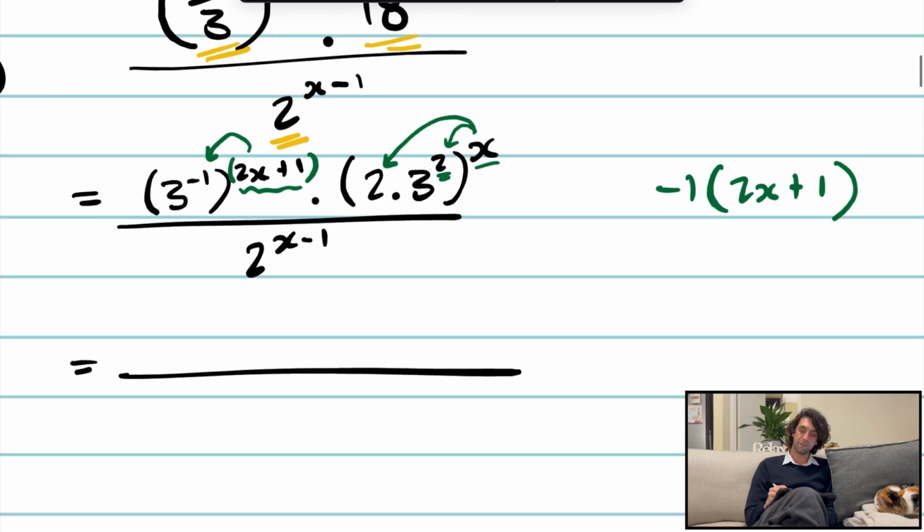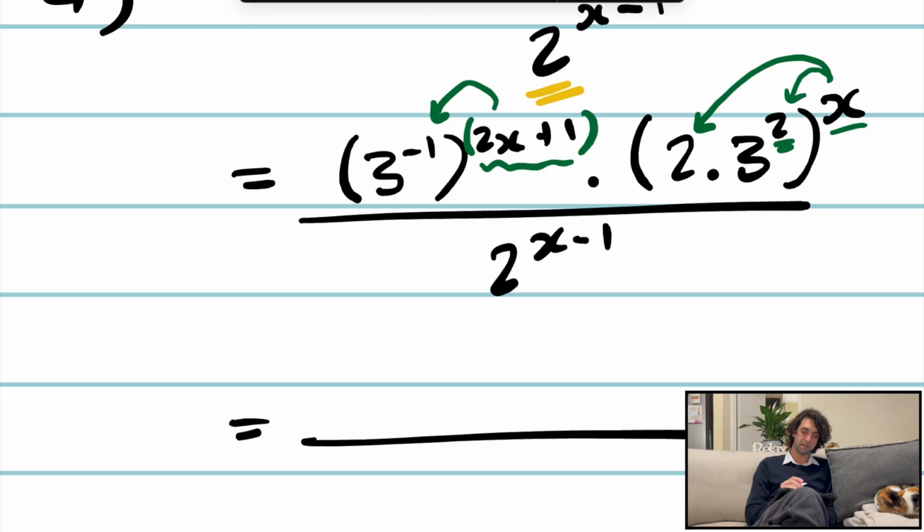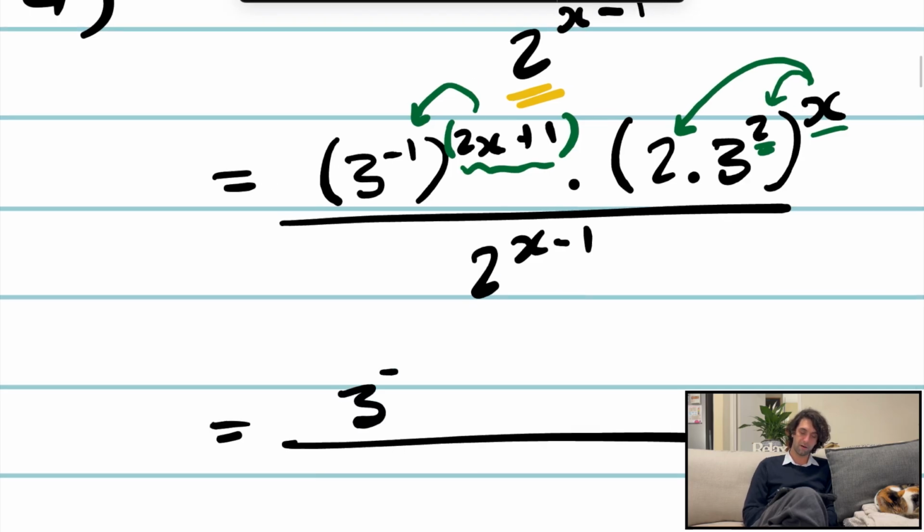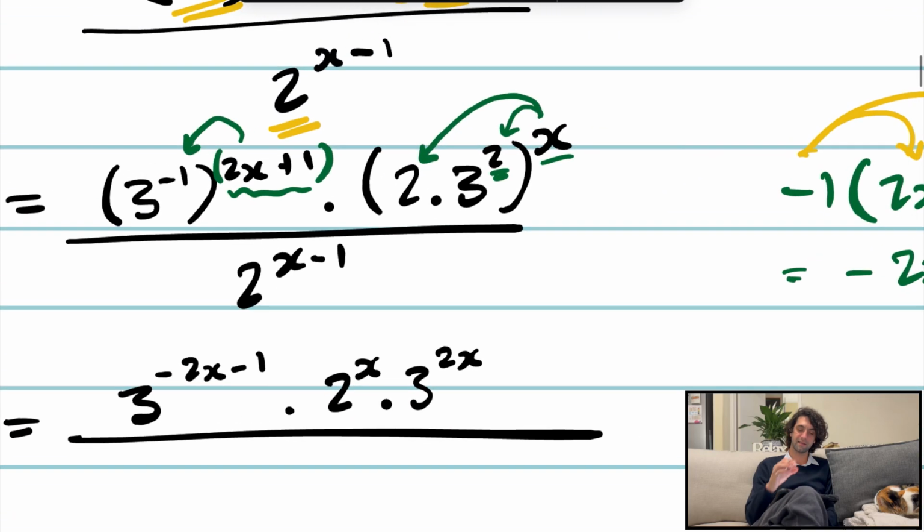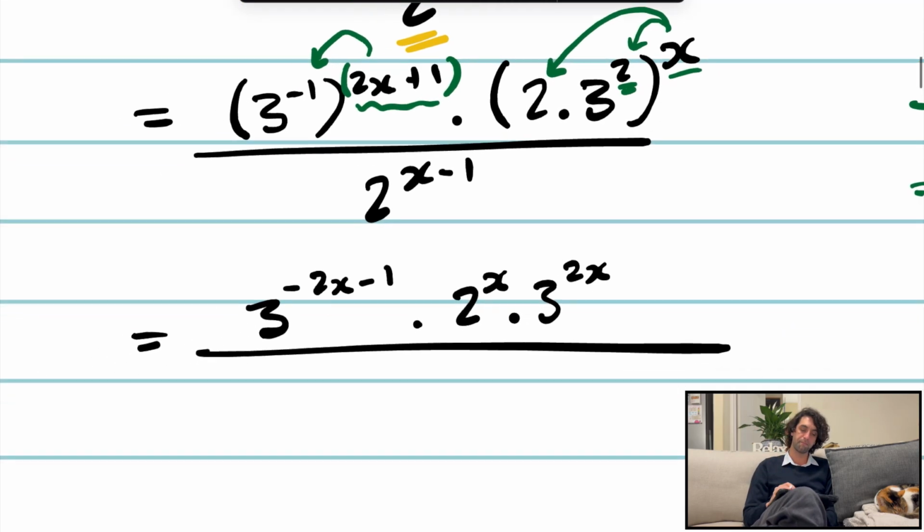That negative 1 is going to multiply into both of those. So my answer for this will become negative 2x minus 1. So this is now 3 to the power of negative 2x minus 1 multiplied by 2 to the power of x multiplied by 3 to the power of 2x. Remember that x came in and multiplied with both of those. And then I have my 2 to the power of x minus 1.